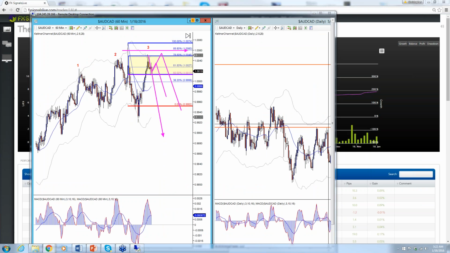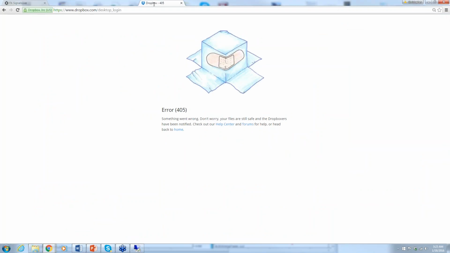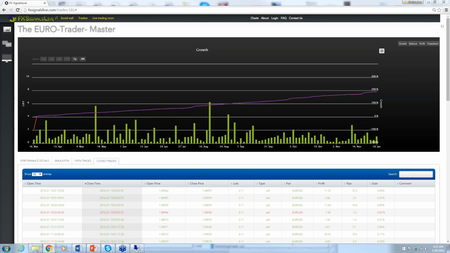Well, it didn't matter if you hear it live or not because I can't seem to get into my Dropbox. All right, Dropbox is obviously doing some kind of work, but no problem. I'll try to figure this out.